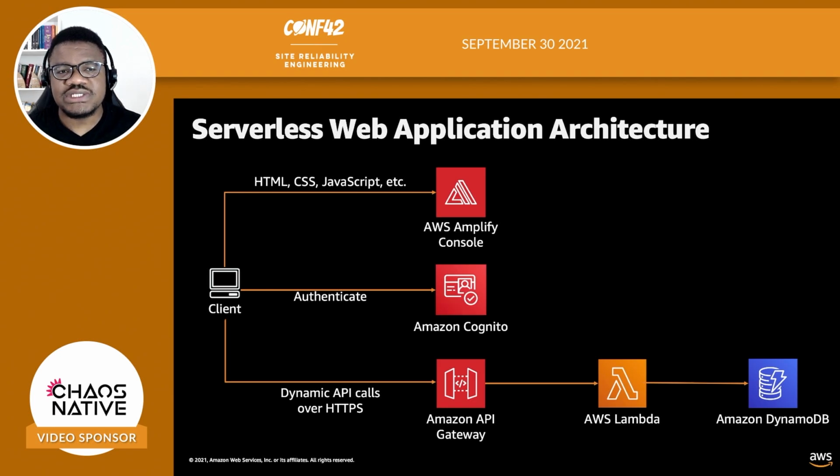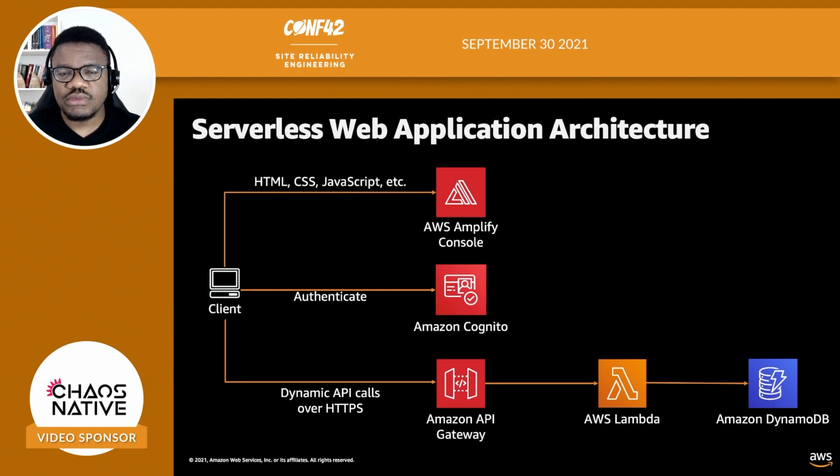That is really where serverless comes into the picture. We've got API Gateway, which is a scalable API management service that you could use to deploy your REST or WebSocket APIs. Then you've got the Lambda function, which responds to events that can be triggered by your API Gateway, which is your API request. And then Amazon DynamoDB, which is a NoSQL database that can store your data from the API.